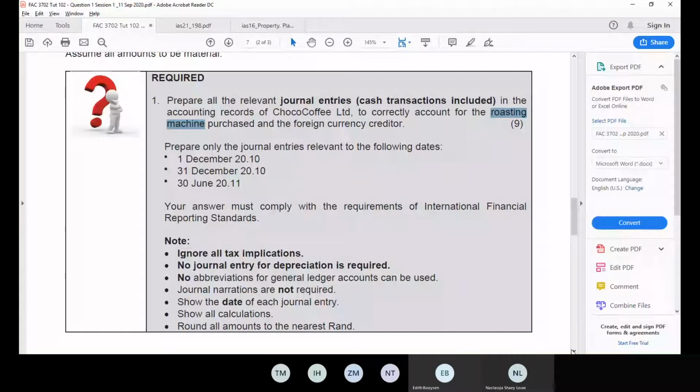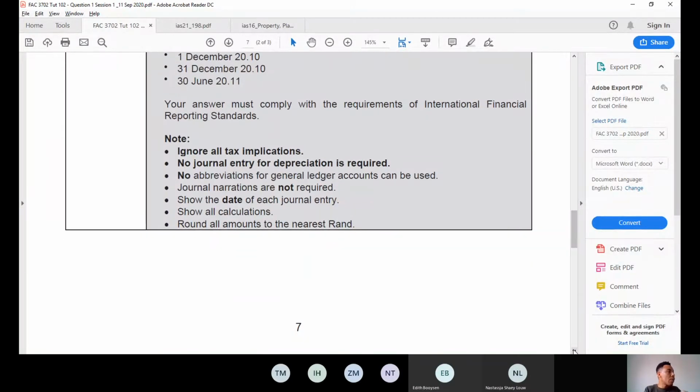Okay, fine. Now, what is also important to note here is: ignore all tax implications. So in your journals, the marker is not interested to see tax implications. No journal entry for depreciation is required, right? So they specifically told you that you don't have to do the journal entry for depreciation.